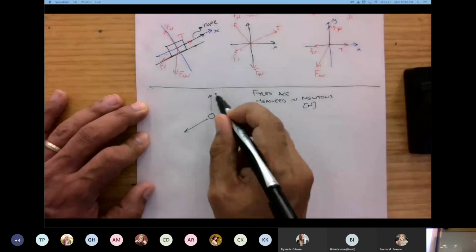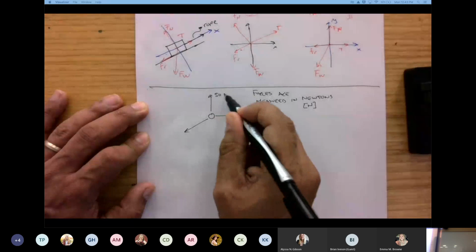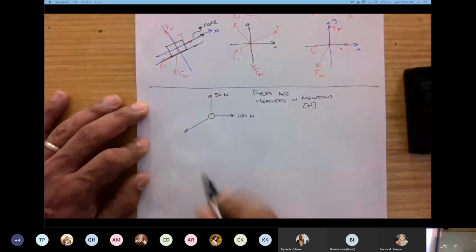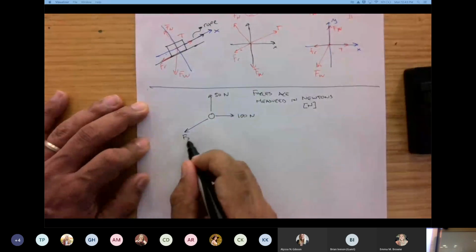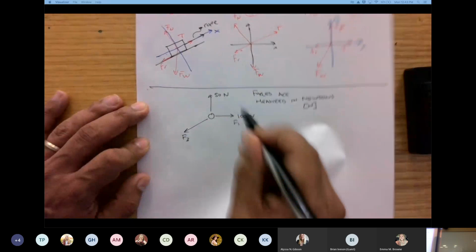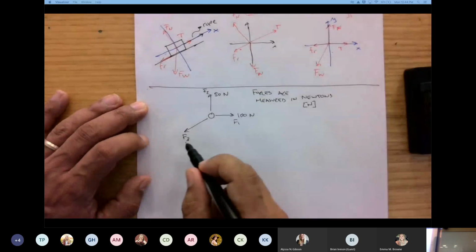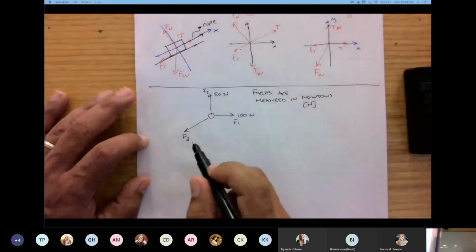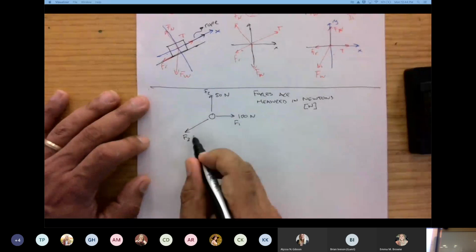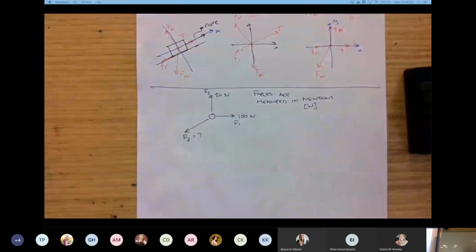This guy is pulling with a force of 50 newtons. So this is F1, this is F2. And this guy, we don't know what the force is, but he's pulling in such a way that the kid doesn't move. Okay?